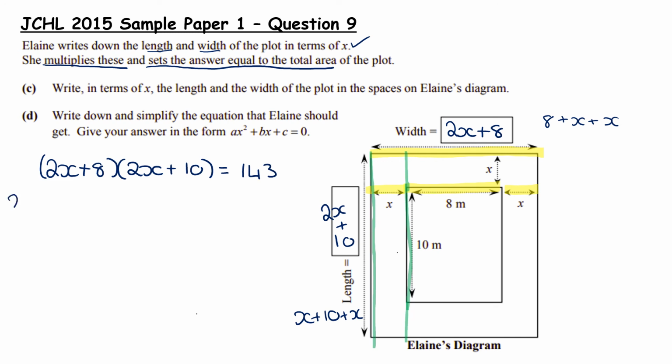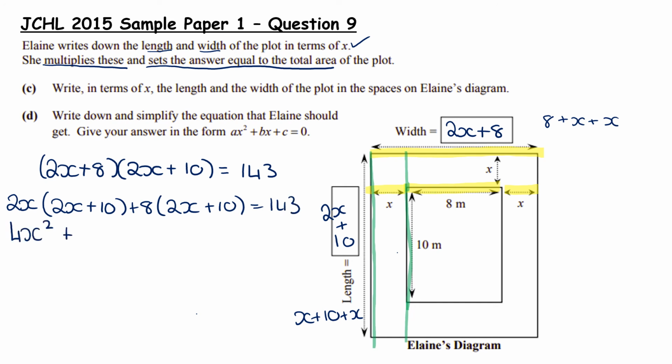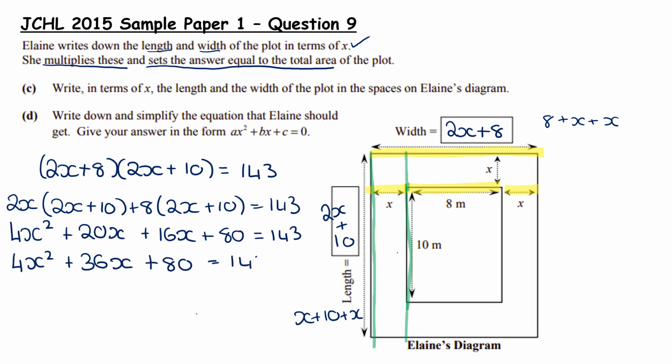Let's multiply that out. To do that, we're going to split the bracket. So 2x bracket 2x plus 10 plus 8 times 2x plus 10 equals 143. 4x squared plus 20x plus 16x plus 80 equals 143. 4x squared plus 36x plus 80 equals 143.